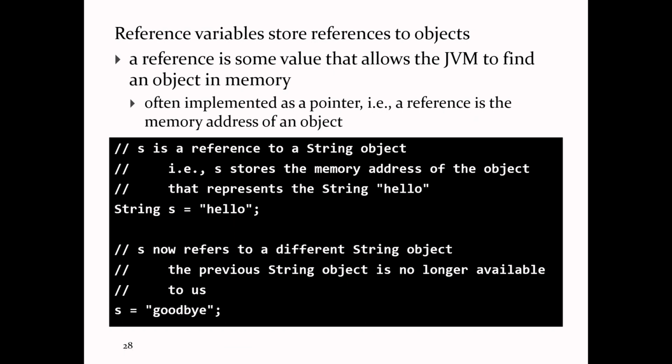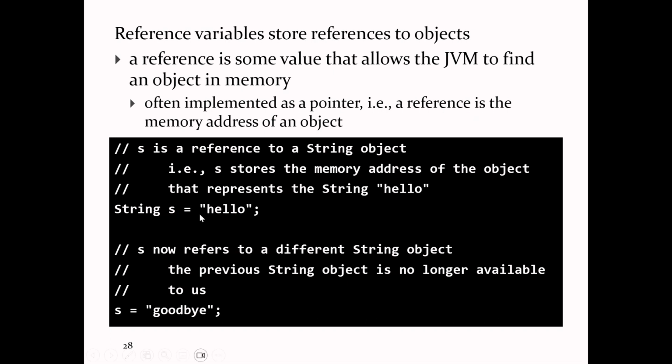So even though I told you there are no pointers in Java, there are these things called references. References happen to behave a lot like pointers, with the exception that you can't do arithmetic with them. You can't actually get the address of the object directly from them, and so forth. But they work similarly to the way pointers work. So here, s refers to the string hello.